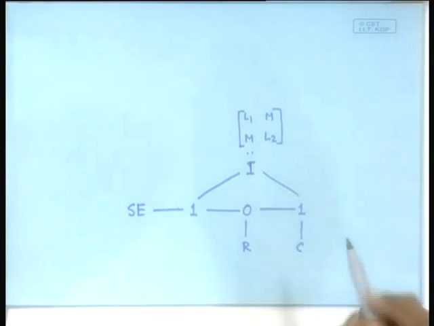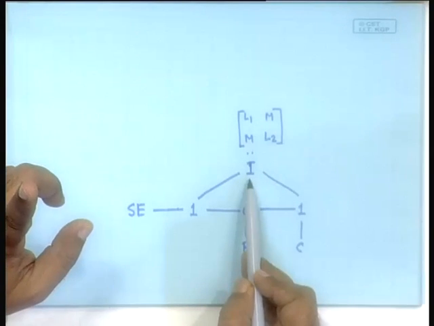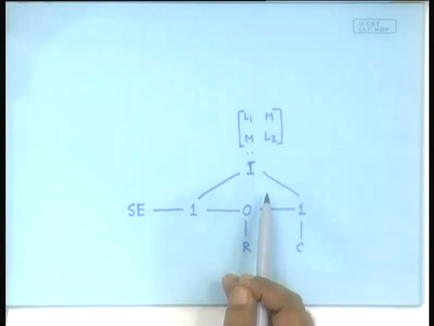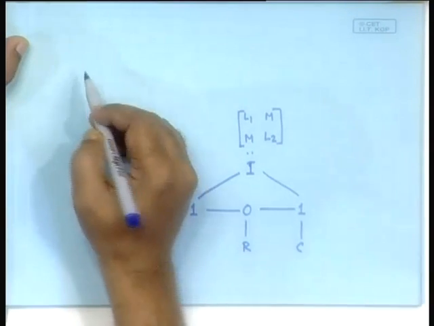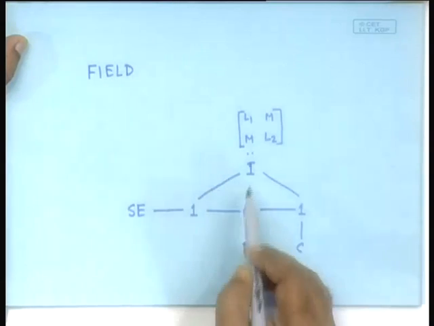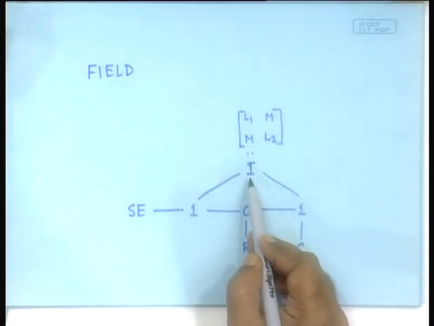Under such situations, you will have an I element with two ports. Okay. Is the concept understood? Why do you need a two port I element sometimes? These are also called fields. So, this is an I field. I field means a two port I element.